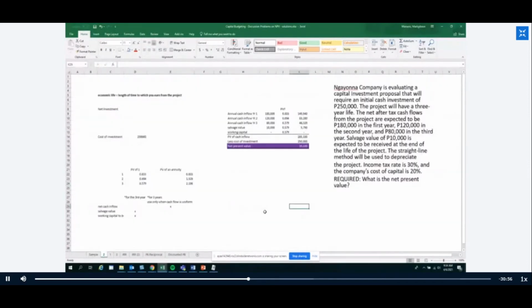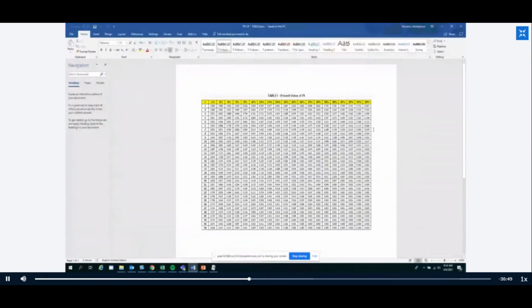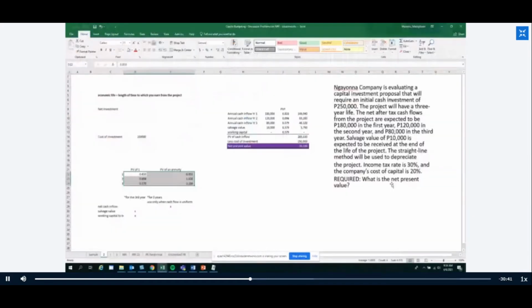So that's the cost of capital. Ito, nag-arrive tayo dito. Ang kinuha natin is at 20%, di ba? Na-gets mo na yan? Okay. Pero tama ka, hindi natin kinoconsider ang income tax rate. Yung 30%. So, disregard yun dito. Okay?